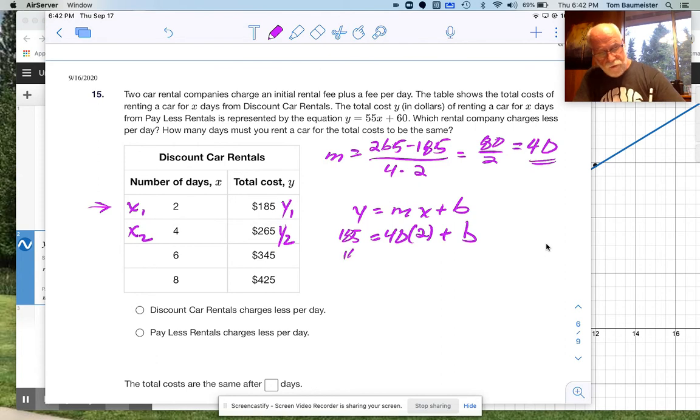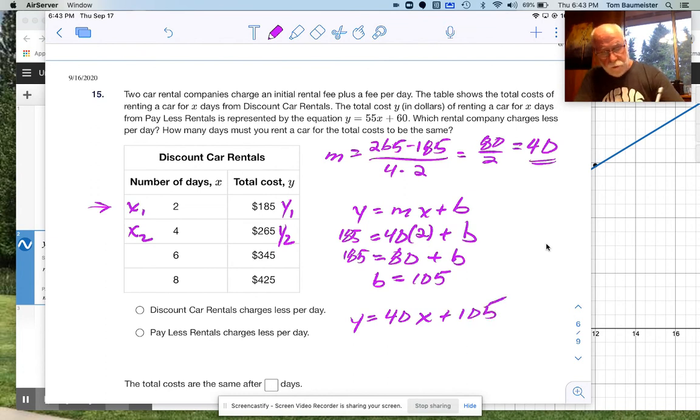So 185 is equal to 80 plus b. If I subtract the 80, I'll get that b is equal to 105. So my equation is y is equal to 40x plus 105. That's for discount, all right? So why don't I just put a D there for discount.